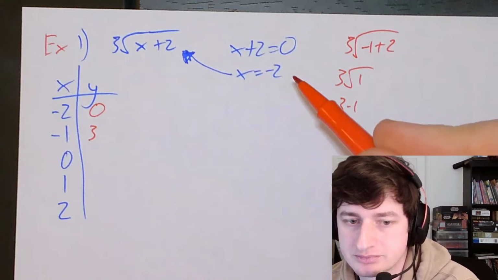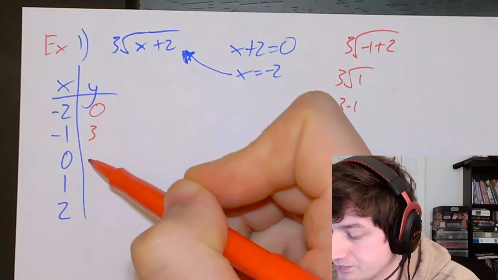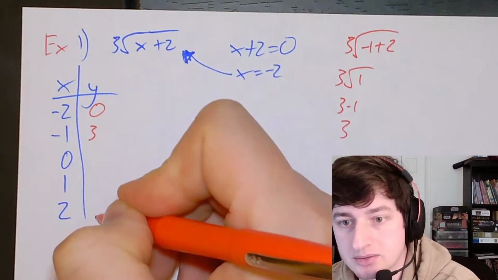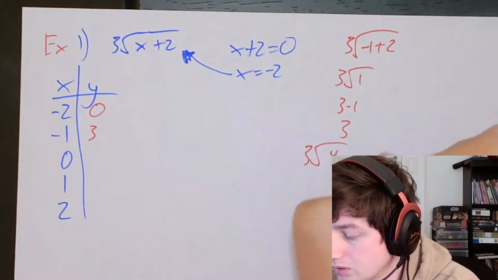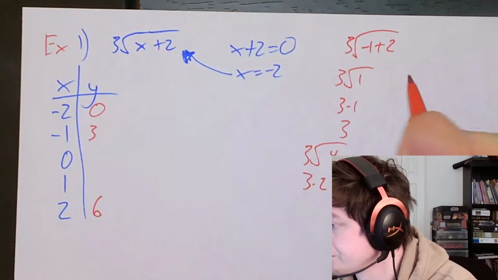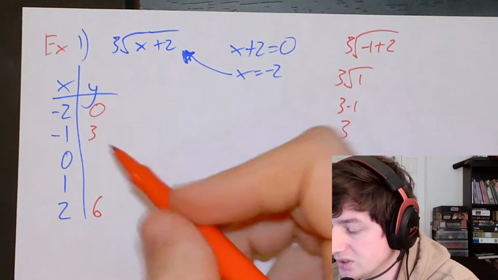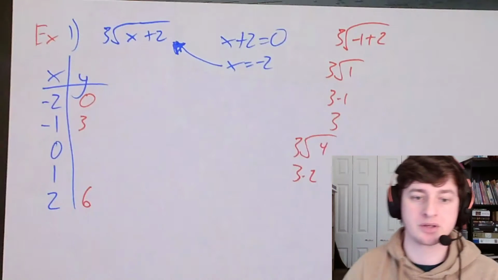This is going to give me a decimal, and this is going to give me a decimal. This one is not, because it's 3 times the square root of 4, which is 3 times 2, so this is 6. Okay. So these middle pieces here, now we're going to plug those into a calculator to figure that out.